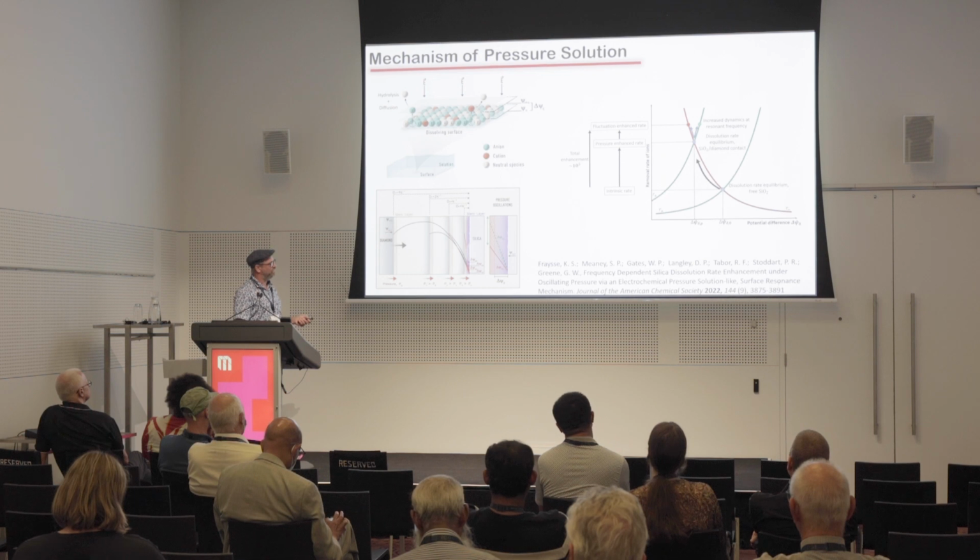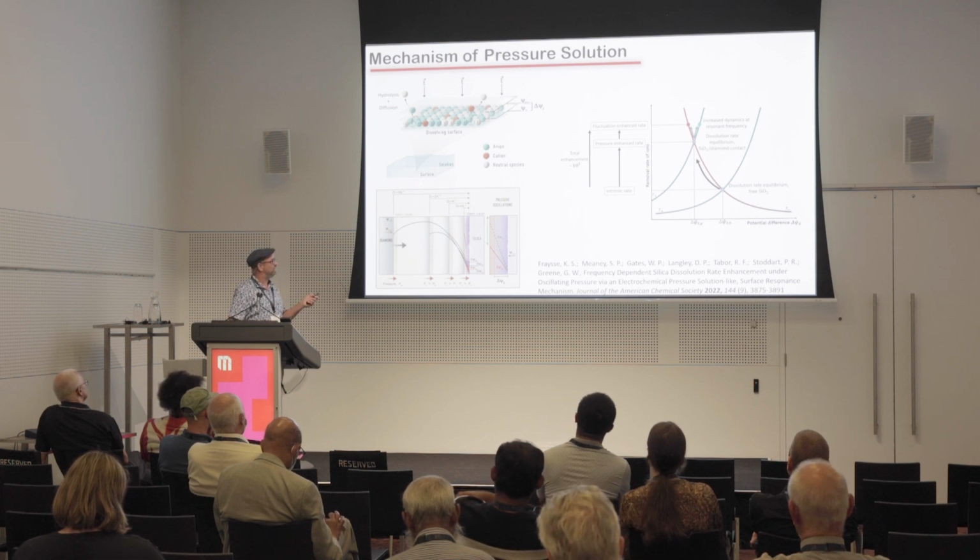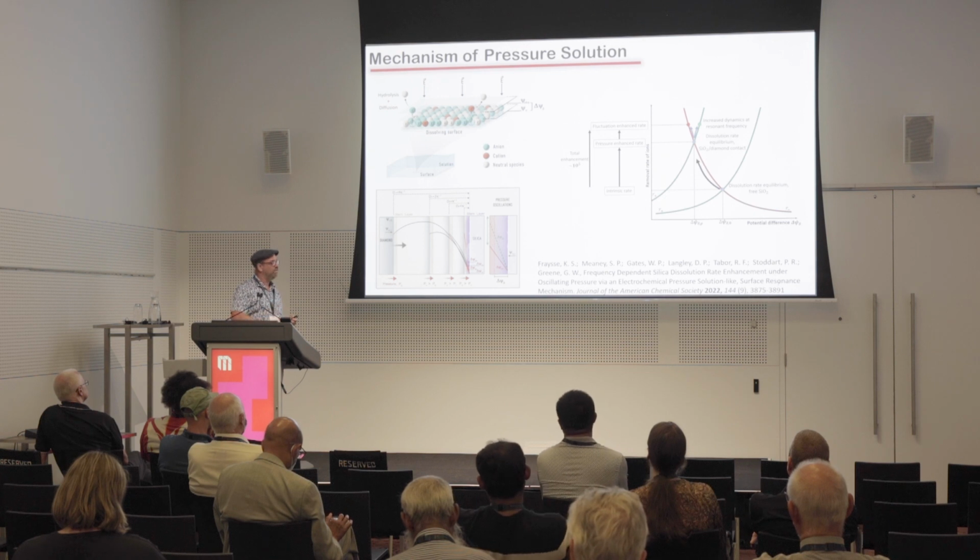This electric field, which is captured by a value we call the Stern potential, or the electric field at the solid-liquid interface, has an impact on the charge transport properties of these ionic species, specifically the anion and the cation groups.